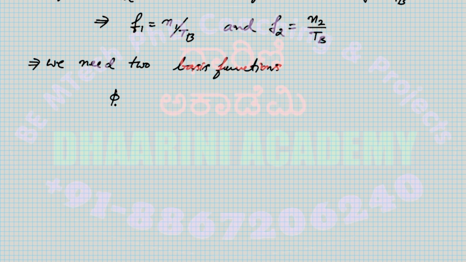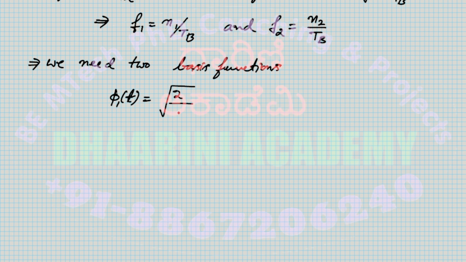Okay, so let us try to define them. The first one is phi 1 of t is equal to, see, the energy per bit comes from the symbol which you are sending. Other than that, whatever you have, you need to write here. Oh, sorry, it's not minus. It looks like a minus, but see to that it's not minus.